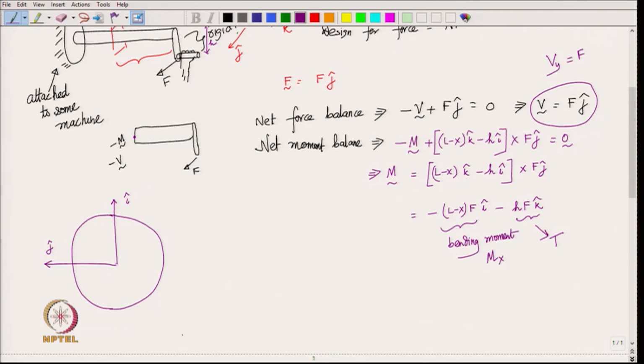And then the shear force acts in the j direction. So, it is going to induce shear stress in the j direction, correct, and that is tau y z, right, on the z plane in the y direction. So, we have tau y z.